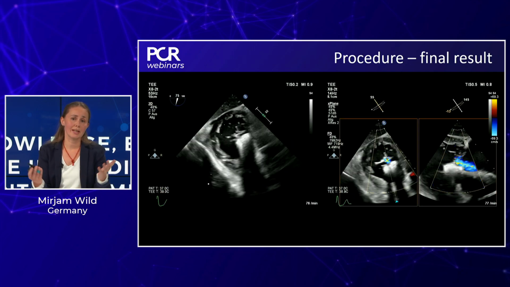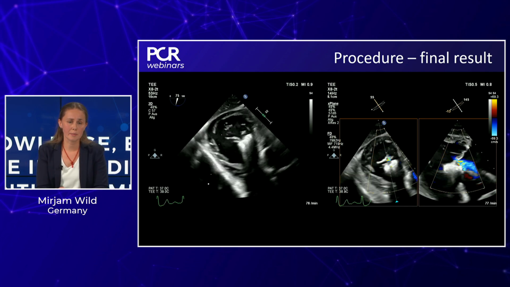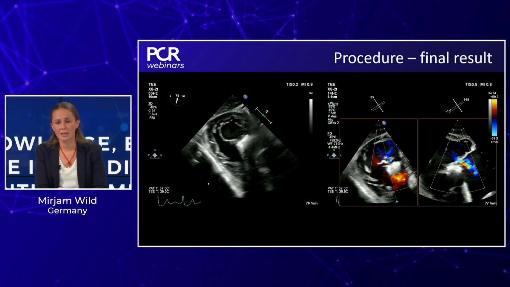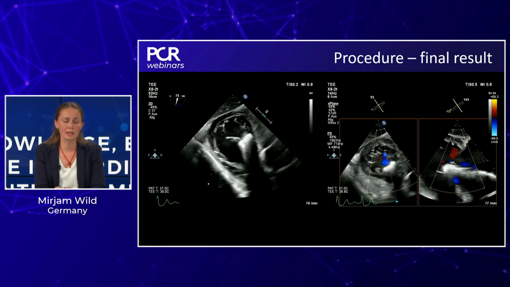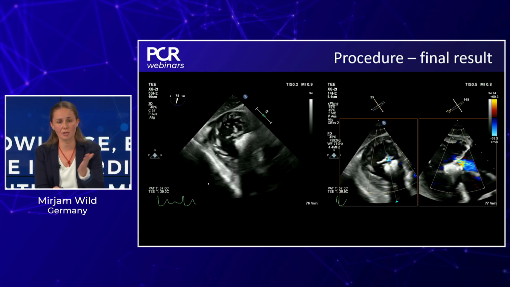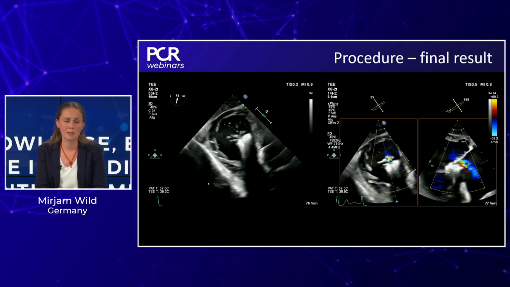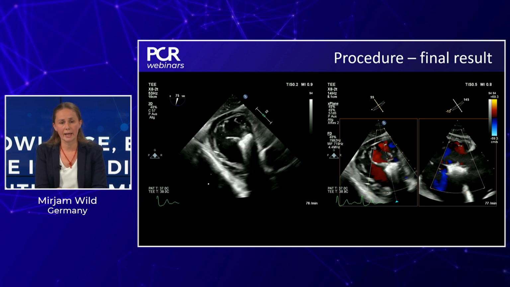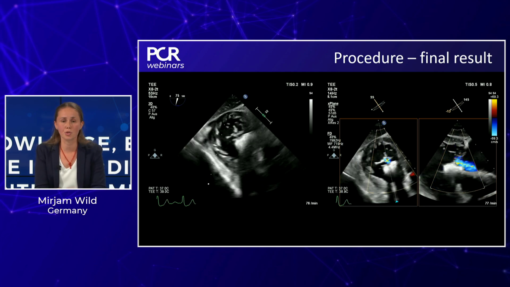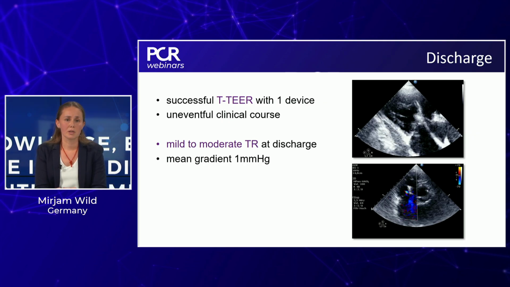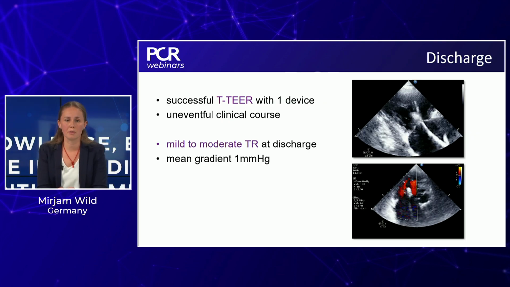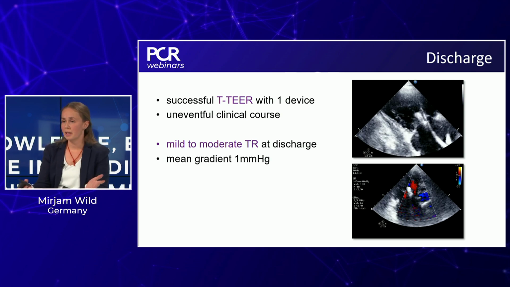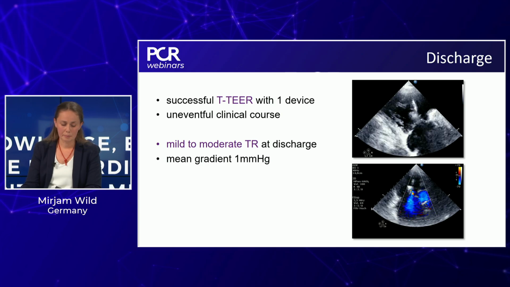This was actually also already the final result in this patient, because it was very satisfactory even after placement of one device, although we had originally planned to go for a second device posteroseptally, as you also explained. In this case, we caged the lead in the anteroseptal commissure. It was an uneventful clinical course, and TR was reduced to mild to moderate with a mean gradient of 1. So this is, I think, a quite satisfactory result.